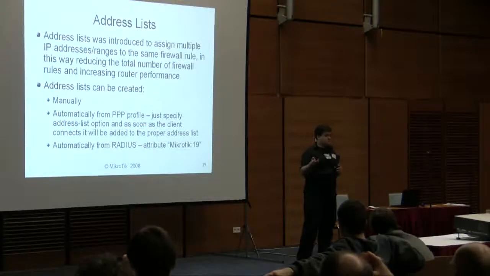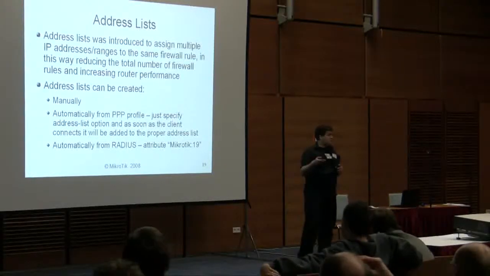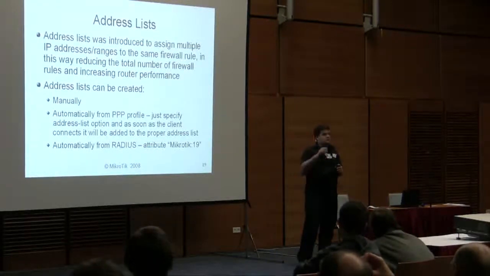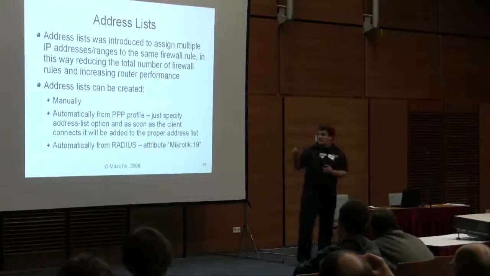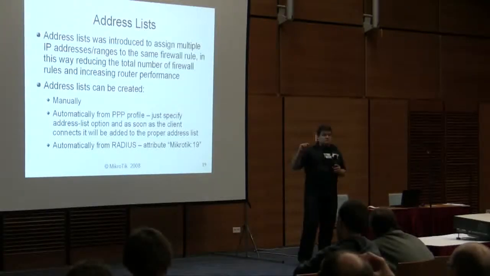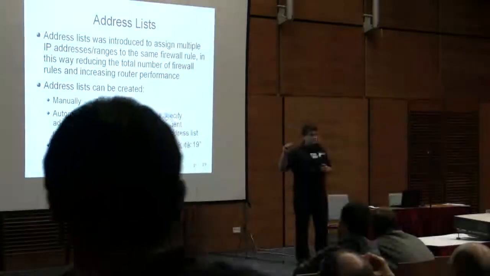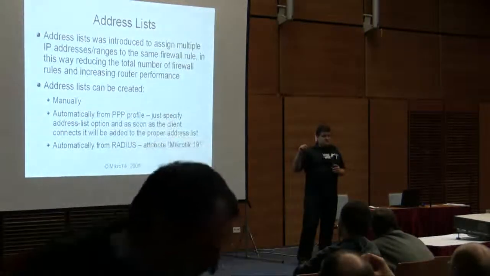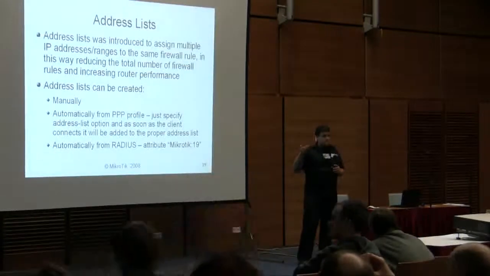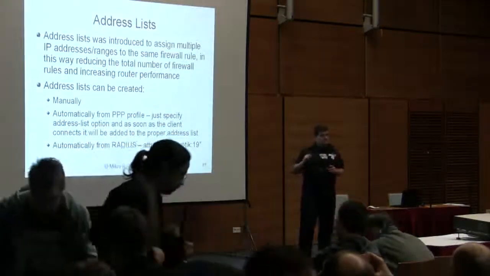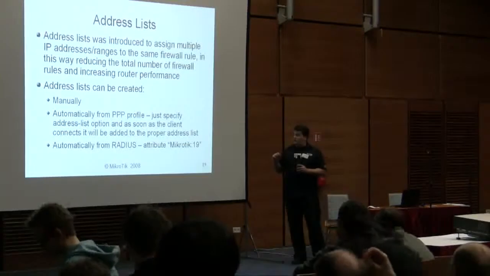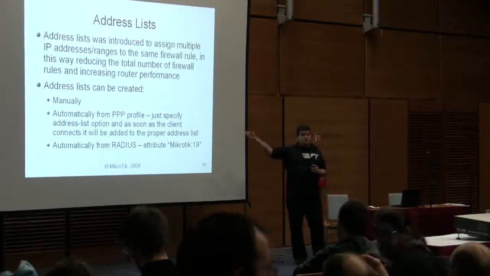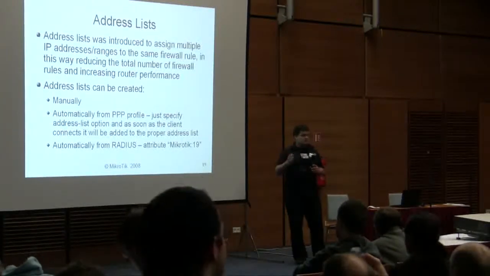So if you have 1,000 clients through your PPPoE, you have 1,000 queues. So how can I avoid it? There's a new option in PPP profiles called address list, which will automatically, as soon as your client connects, put that IP address to the address list. And now you can use the address list the same way as you would when you created it manually, to have a queue tree.